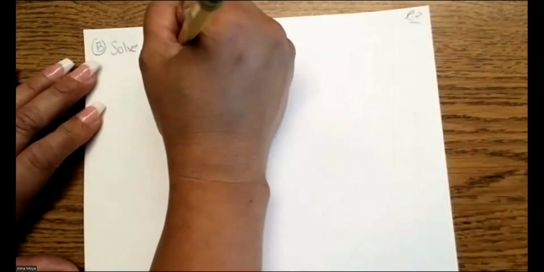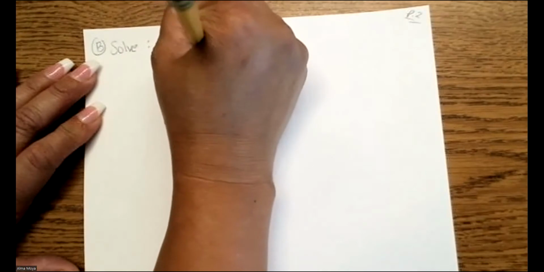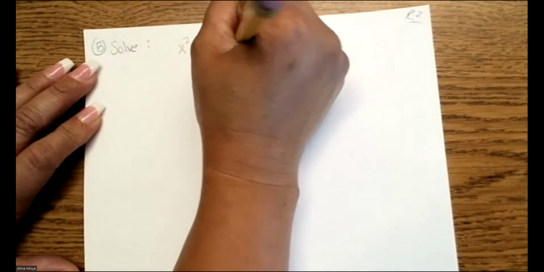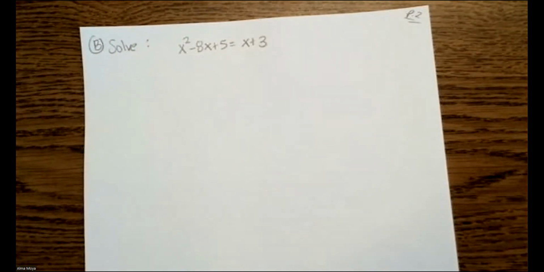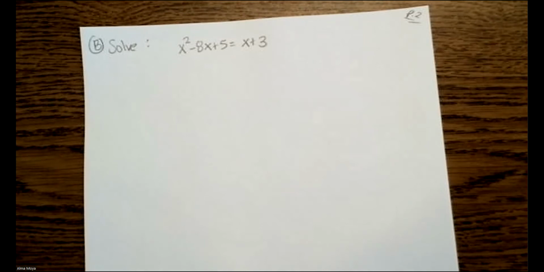Let's do another example. This time we have x squared minus 8x plus 5 equals x plus 3. So right here we have a parabola and then we have a line.